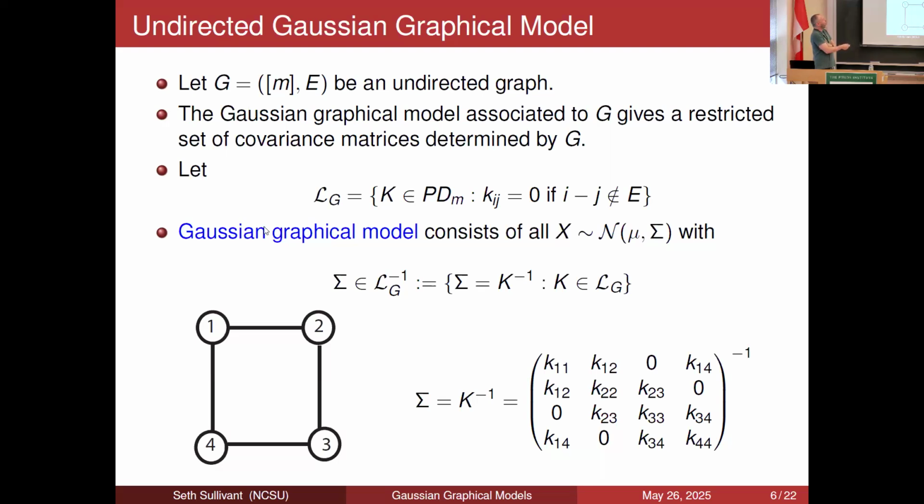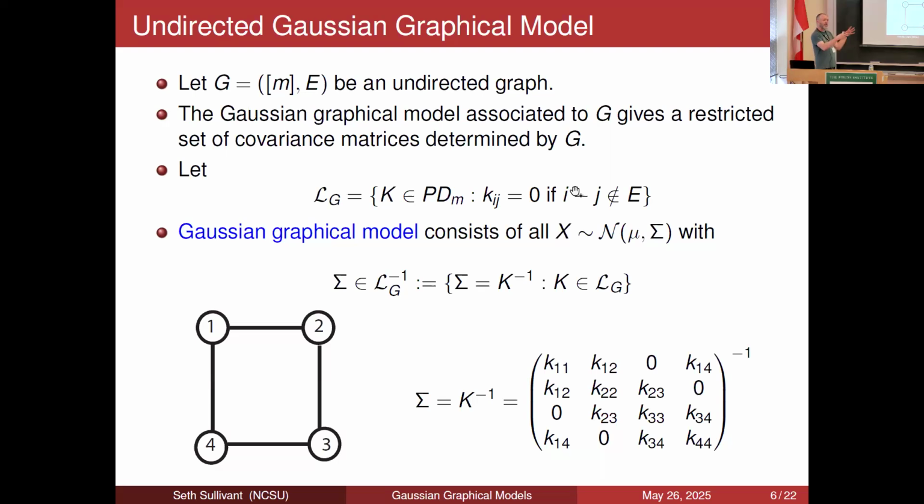And we're going to look at this linear space of positive definite matrices. So we take positive definite matrices K, and we're just going to require that an off diagonal entry must be 0 if i, j is not an edge in the graph.